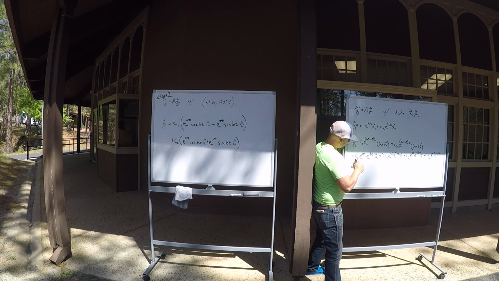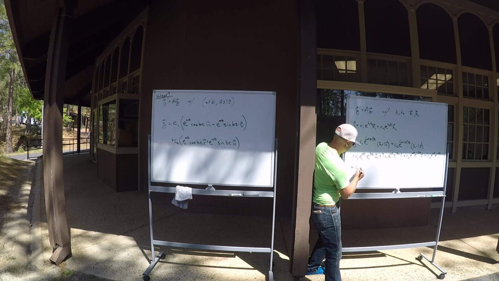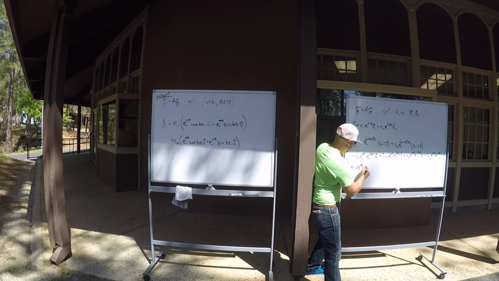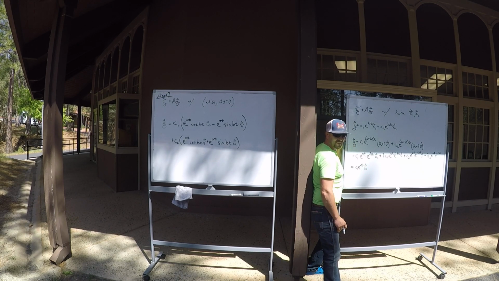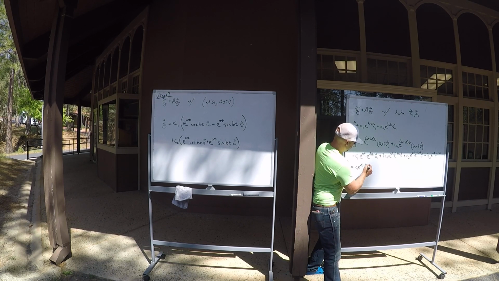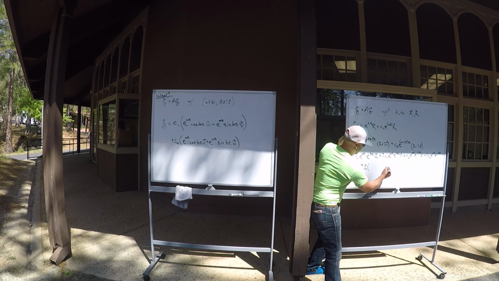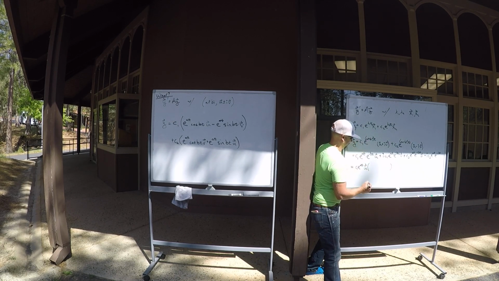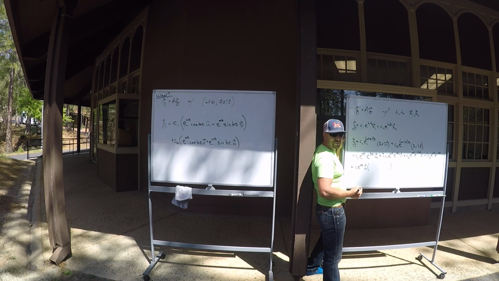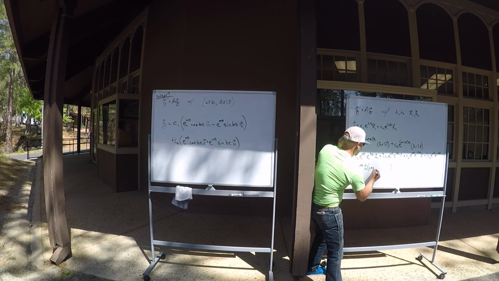I've got c1 e to the at times u, lovely. Now e to the ibt is what? Cosine bt plus i sine bt.